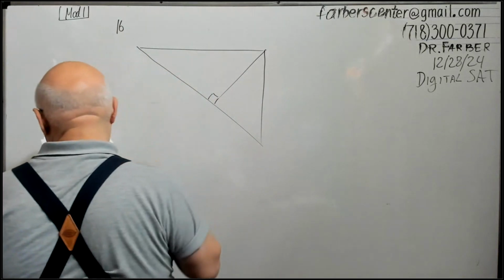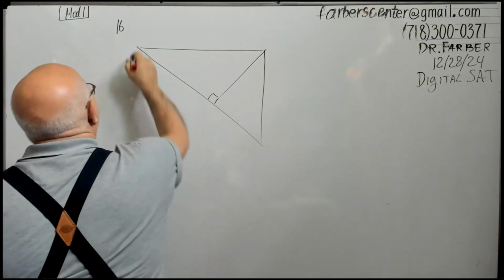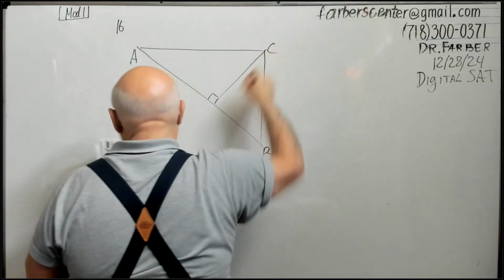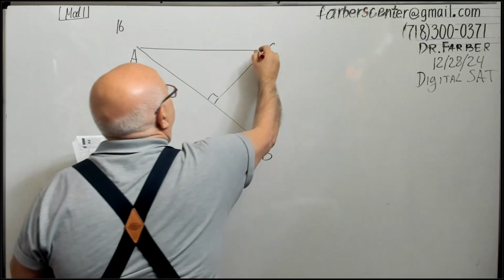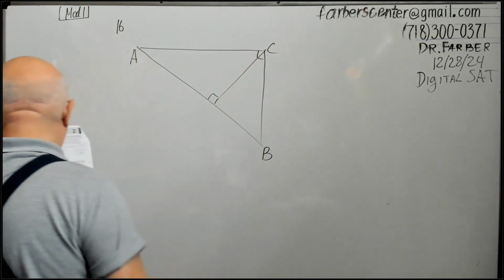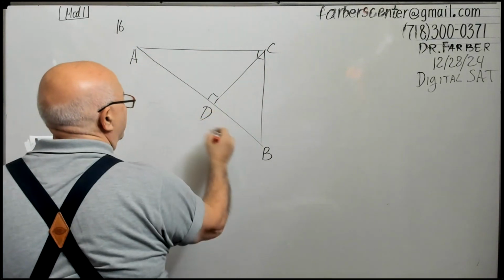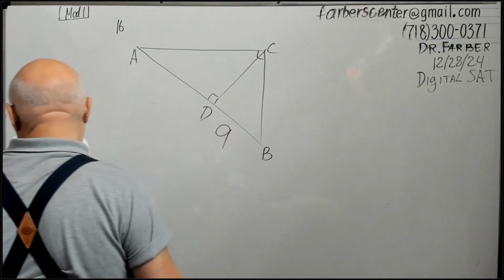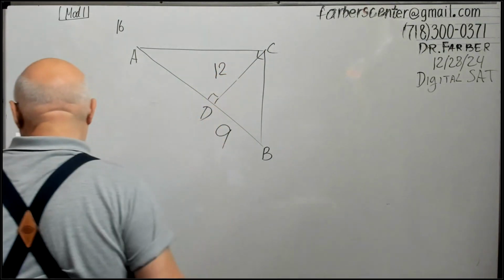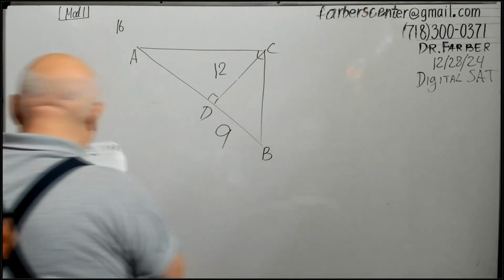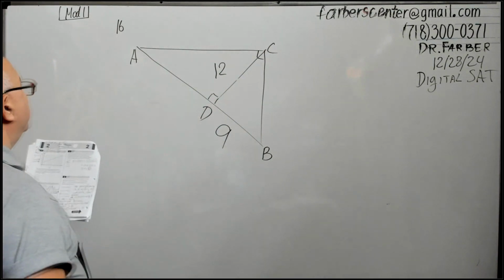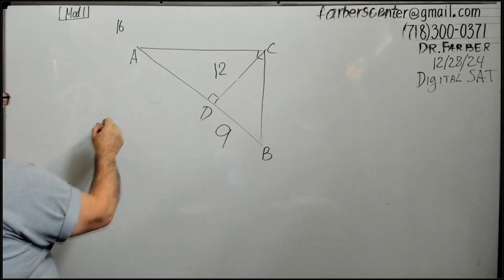Okay, and they have A, B, C. And this also is a right angle. And this is G. This is 9. This is 12, this side. And I ask you, what is the value of sine of A? Sine of A.